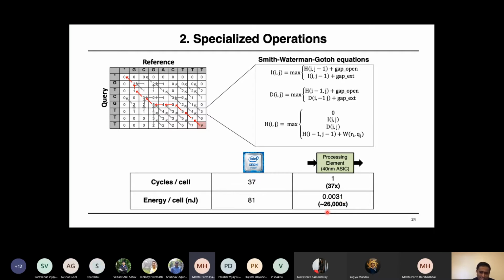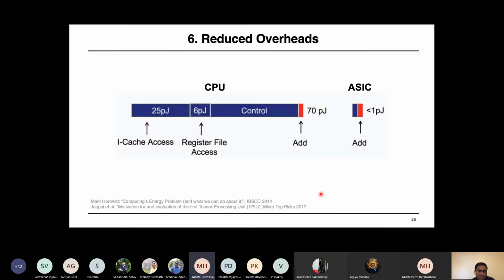And you might wonder, where is this gain really coming from? Of course, some of it is coming from specialized circuit, which uses low precision arithmetic to do these operations. But a lot of the gains is coming from the fact that we are reducing the overhead. That was point number 6 in my list. If you look at a typical CPU, if it does one add instruction, I guess many of you will find this surprising, that over 99% of the energy in the add goes into program interpretation.